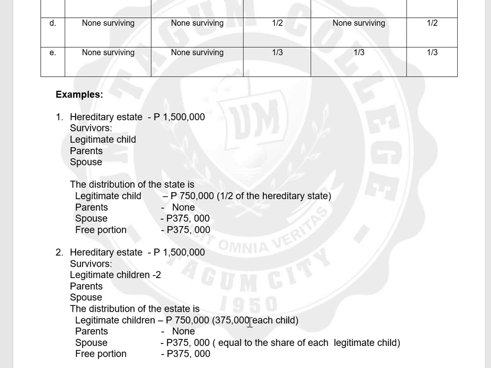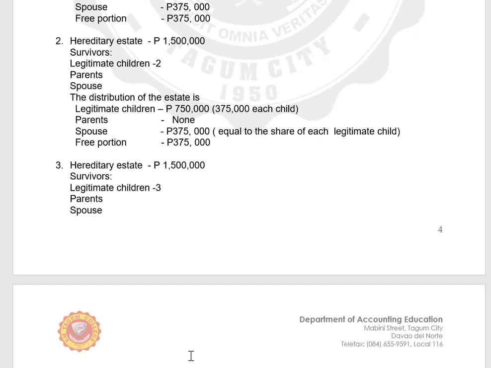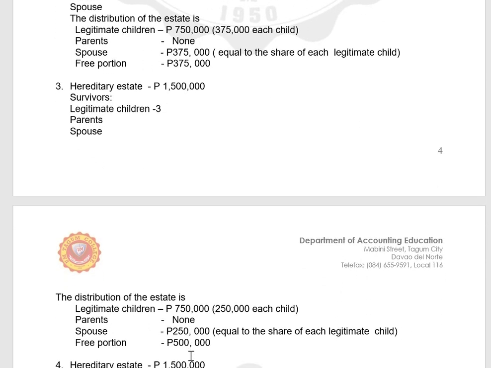Tama? And then, of course, kay parents walang share kasi may descendants man. So, dito na mag-follow yung rule na yung share ng surviving spouse is equal to the share of each legitimate child. Okay, so meaning to say 750 for the legitimate children, 375 for the spouse, and the free portion is 375.